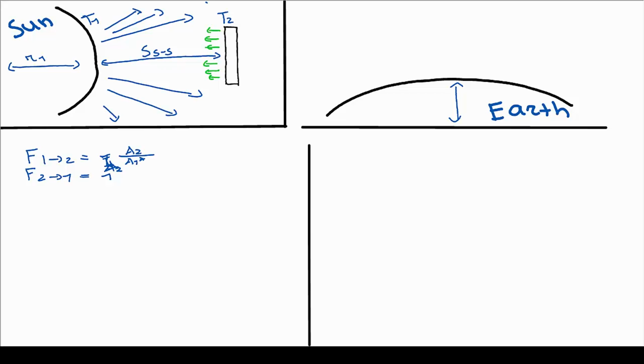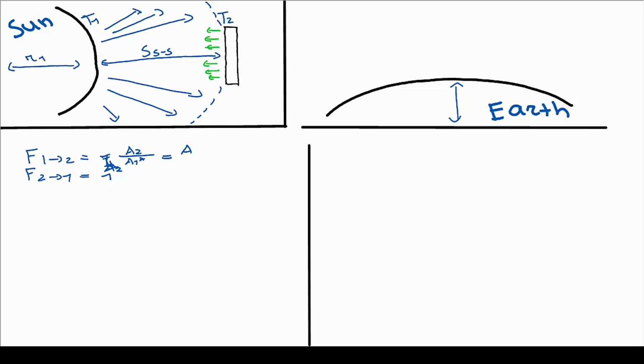That is a new area of the Sun, the area it is spread over. So this is the new area over which the radiation will spread out. And because the distance between the Sun and the satellite is so large, it will have a really low value.